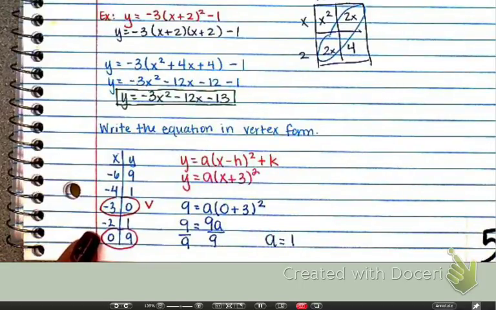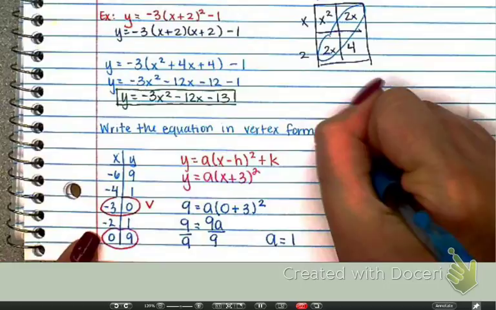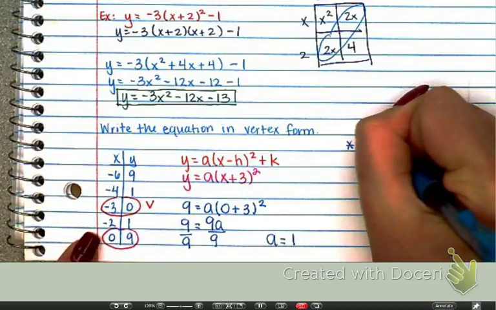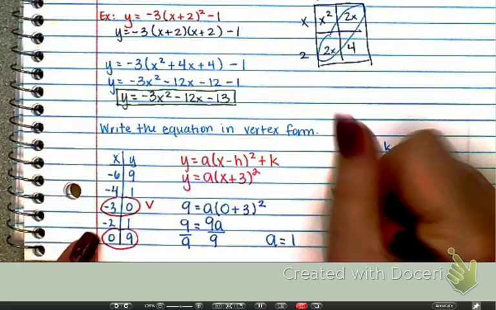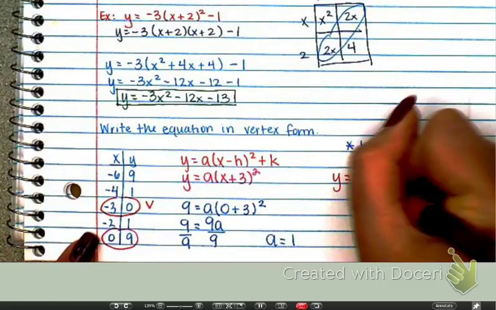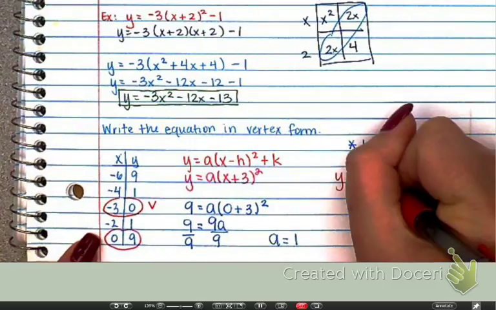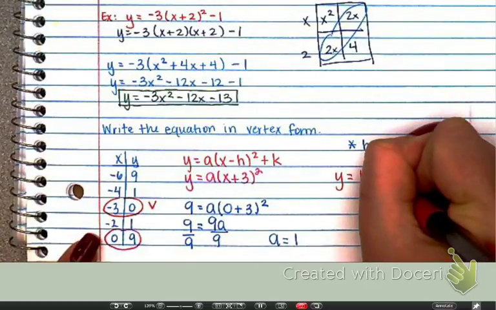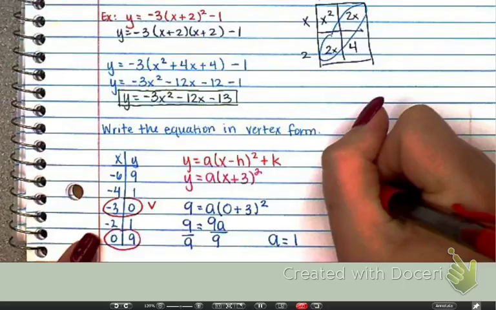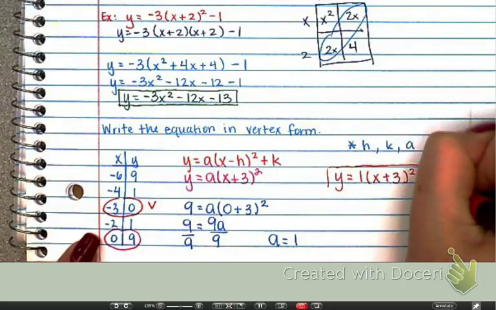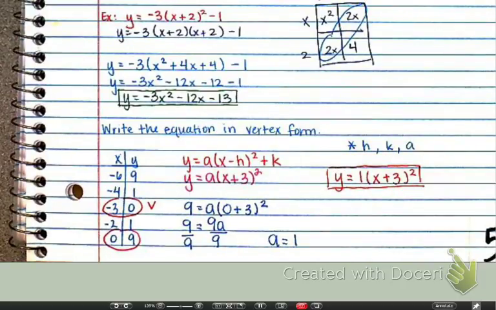So the three things, again, I need are my H, my K, and my A. Do I know all three of those values? Yes. Okay, so the final step is to plug those three values back into your equation. So it's going to be y equals 1, because that's my A, times x plus 3 squared, because that's my H, and I don't have a K. This is your equation in vertex form.